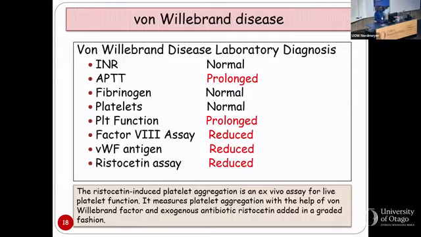If we stopped at the level of the basic coagulation screen, it might just look like the hemophilias, if we stop with the first four here and don't go on to platelet function or checking factor 8 levels. So it's important to match the phenotype of the bleeding to what you are getting from the lab.